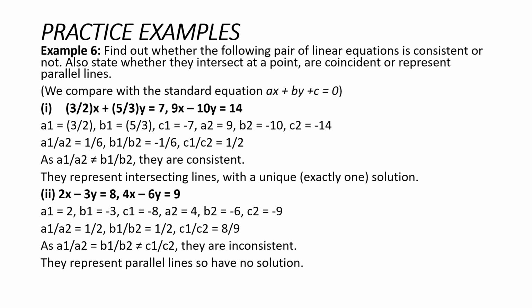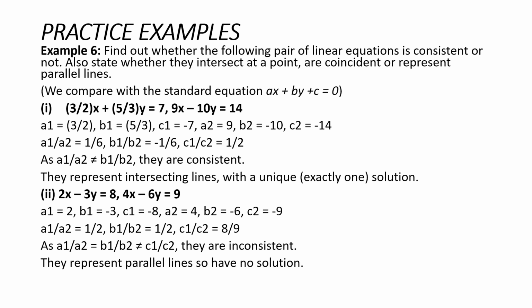Second example, 2x minus 3y is equal to 8, 4x minus 6y is equal to 9. Remember over here 2x minus 3y is equal to 8 means 2x minus 3y minus 8 is equal to 0. That means your c1 is minus 8. Similarly c2 is minus 9. Always convert in the form of ax plus by plus c is equal to 0.